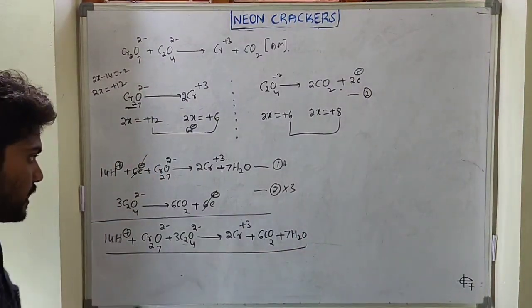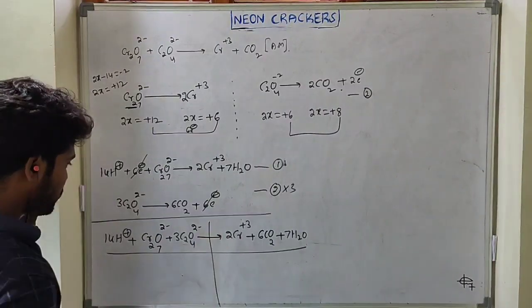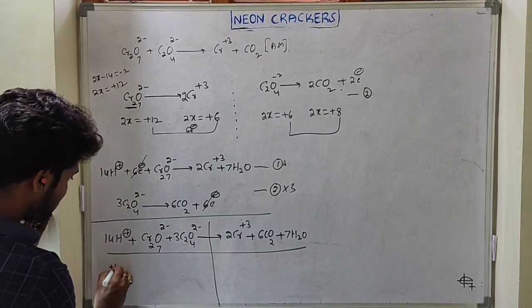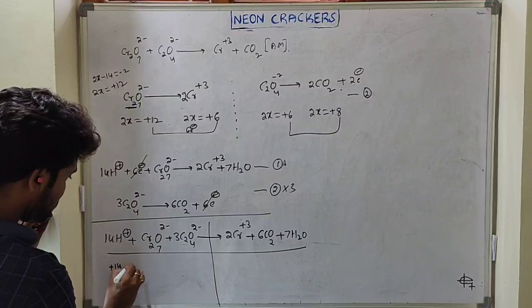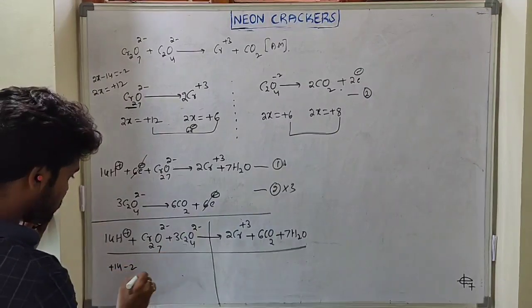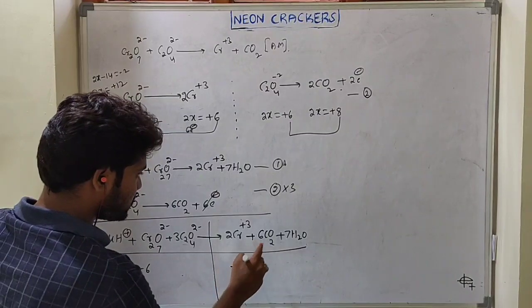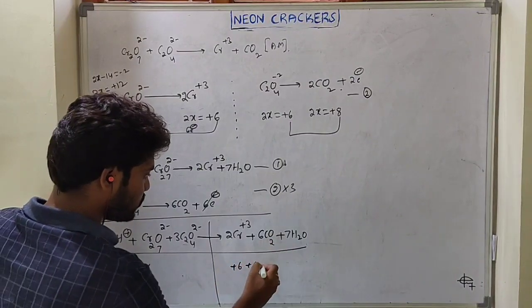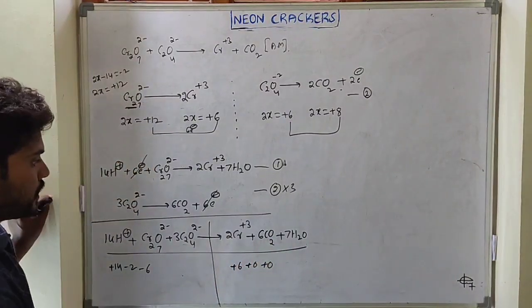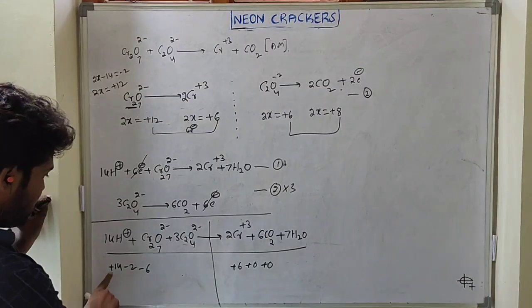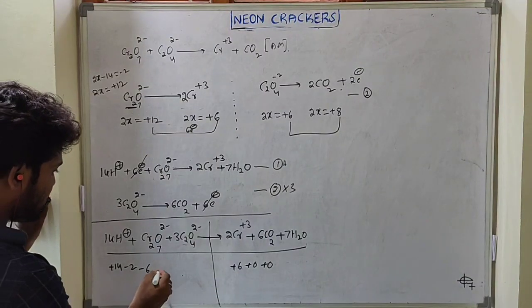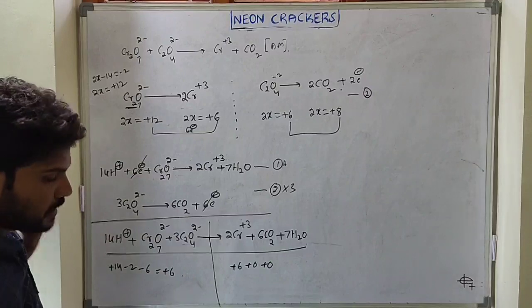After balancing, compare again. What is the charge here? Plus 14, minus 2, minus 6, and the others are 0 as overall compounds. So on the left side it is plus 14 minus 8, which is plus 6, and on the right side it is also plus 6.